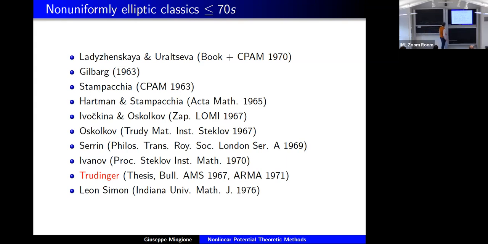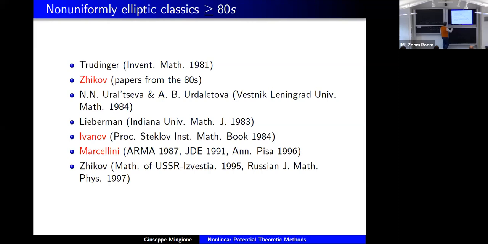More recent papers are by Zhikov and others, two overlooked Russian geniuses who produced very many papers on homogenization. There's this book by Zhikov, Oleinik, and Kozlov. They obtained fantastic results on homogenization much earlier, results that nowadays people are rediscovering independently after 50 years or so.